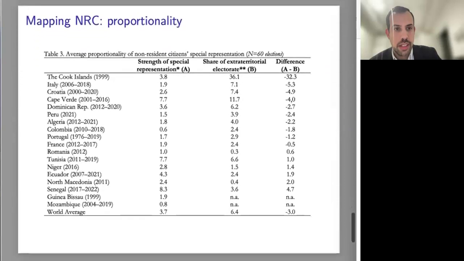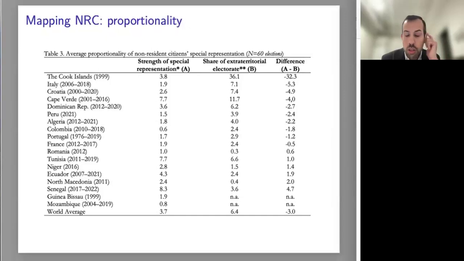Changing to electoral proportionality, and perhaps this is more relevant to link with, for instance, the next presentation or discussions on electoral engineering and party politics. By comparing with the share of registered voters living abroad as part of the total electorate, we can estimate the proportionality.